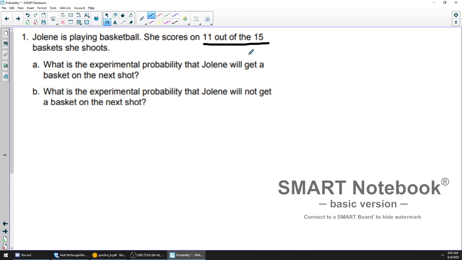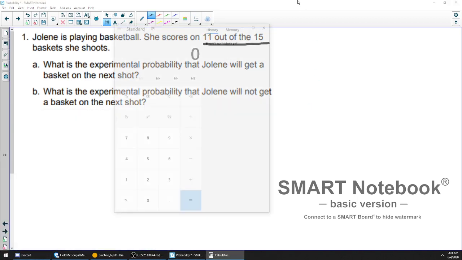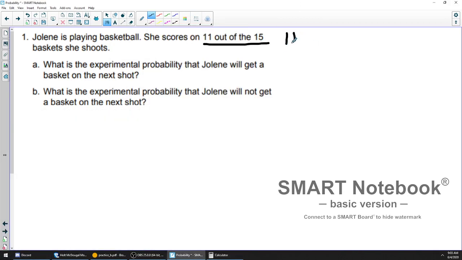11 out of 15. So before she shot 11 out of 15. So that's going to be our fraction, our probability of her getting the next shot in. So our experimental probability will be 11 out of 15, because out of 15 past shots, she got 11 in.